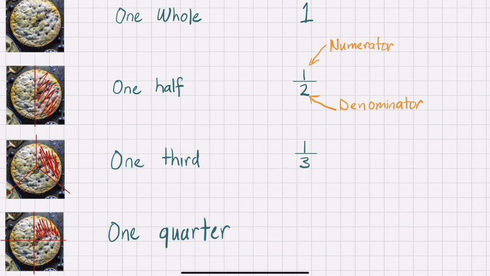If I want to write that as fraction notation, I can write it like this: 1, a line across the middle, and a 4 on the bottom. The 4 tells us 4 equal parts, 1, 2, 3, 4, and the 1 on the top tells us that one of them is coloured in.